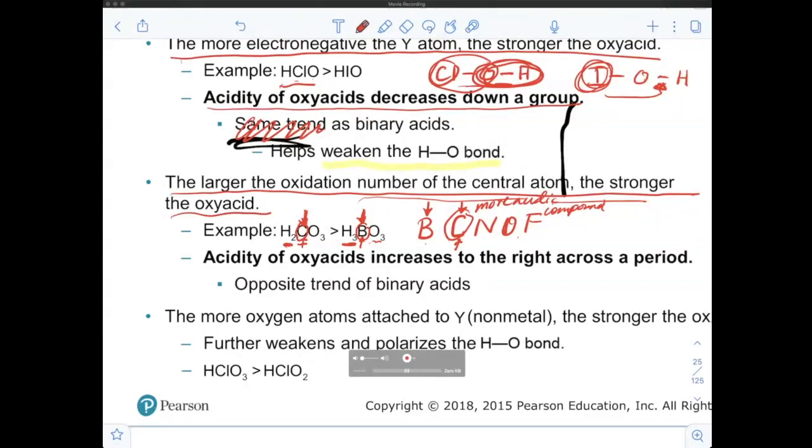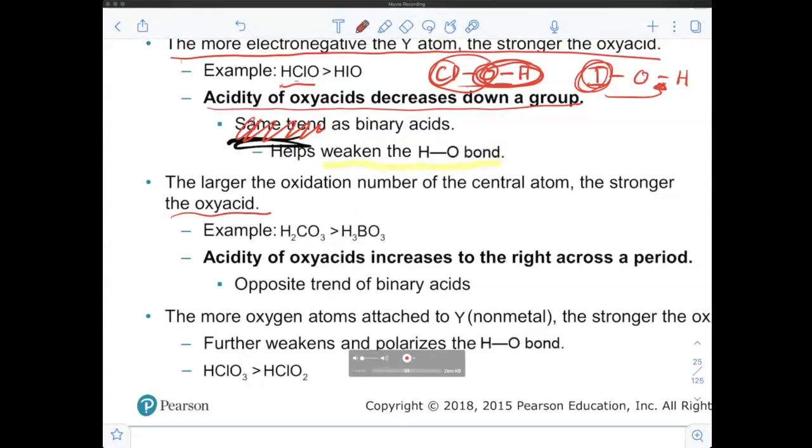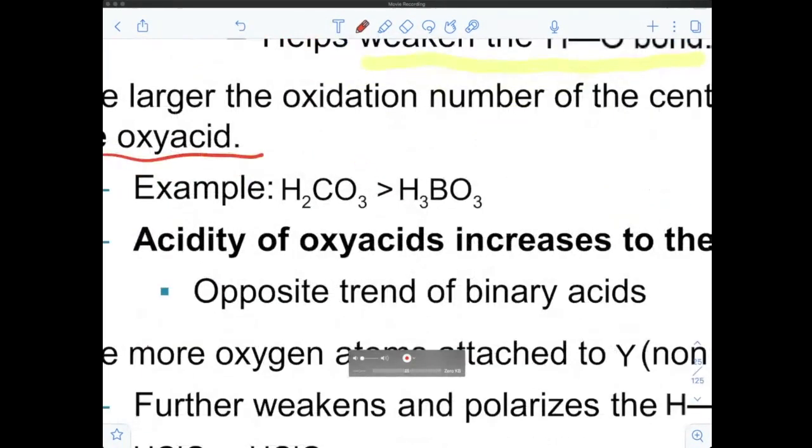Right. Because with the oxidation numbers that we're looking at here, there are so many differences we see right here. The oxygens are the same, the hydrogens are different, and so are the central atoms. So if the central atoms were both carbon, let's say hypothetically that was carbon, that was carbon, the only difference would be the hydrogens, and the one that has a higher hydrogen count tends to be more acidic.